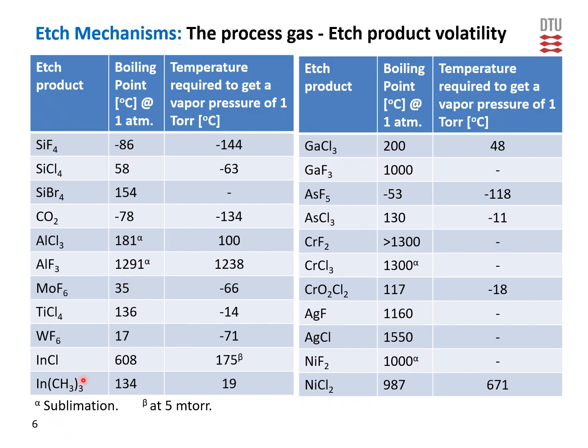One product that's good to take a look at is indium chlorine. If we are etching indium in chlorine chemistry, then we have a number here that says 175 degrees at 5 millitorr.